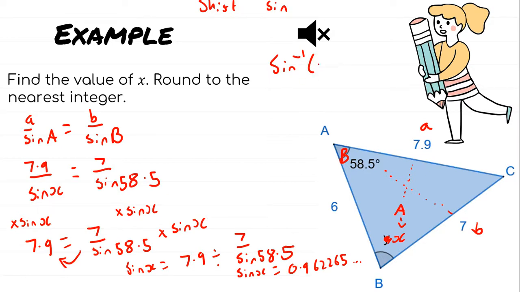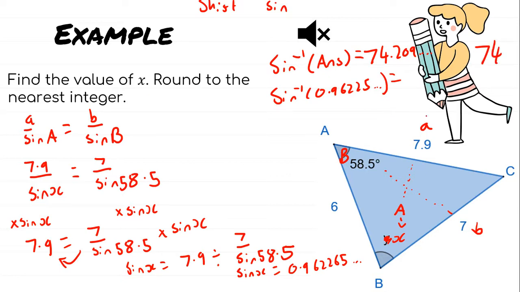So you can just press the answer key on your calculator, or if you prefer, you can just type out the answer, which is 0.96225, etc. If you hit equals on that, it's going to tell you that x is 74.209, which to the nearest integer is just going to be 74. So we're saying that this angle here is 74 degrees.